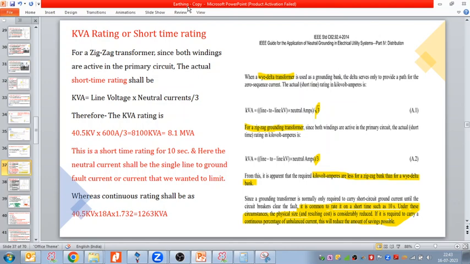Yeah, we will keep a separate session for the grounding transformer sizing calculations. Okay, okay. So in the next session, in the next class, we will discuss the NGR, sorry, NGT sizing calculations, right?